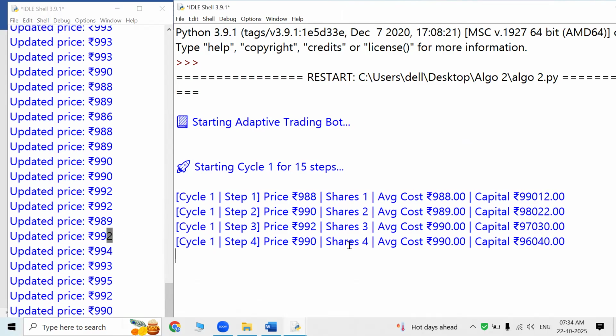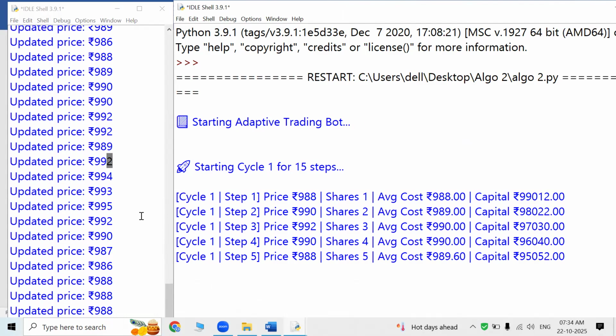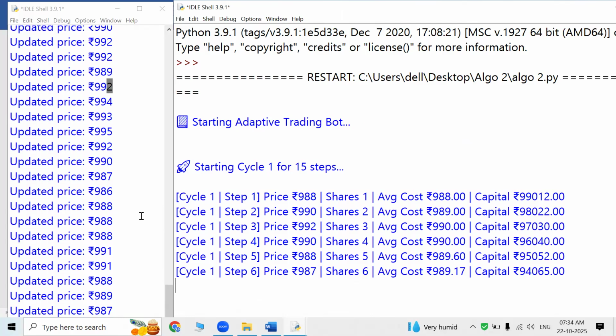Now we are still trending towards negative only, so this is going to make a loss for sure. But let's run one more time so that we can understand how it works. The logic is very simple. For 15 steps we will check what is happening to the market, and it is showing the worst case scenario.